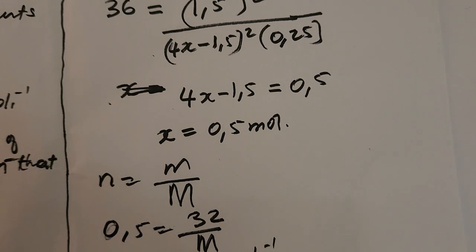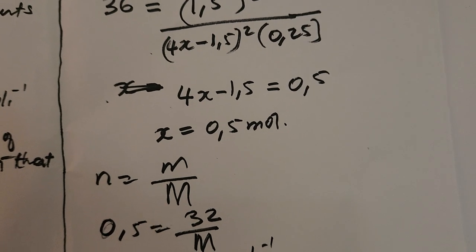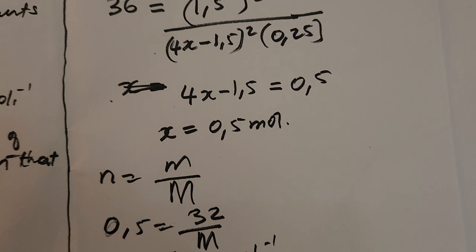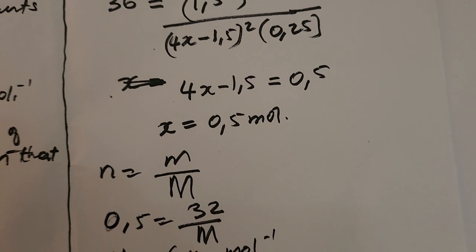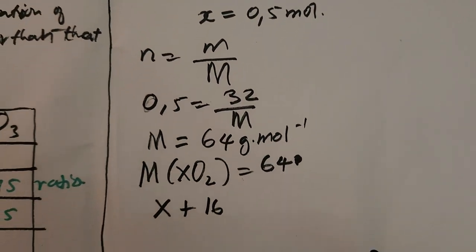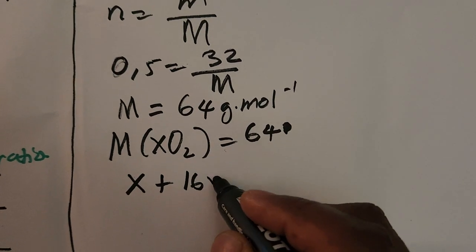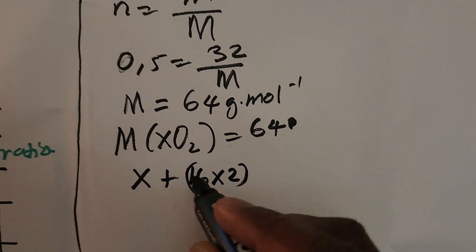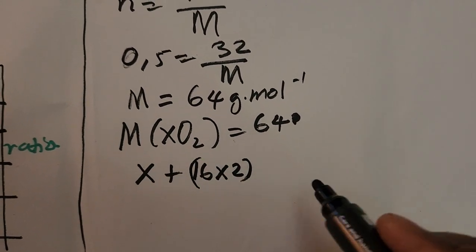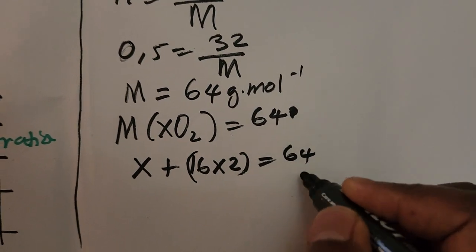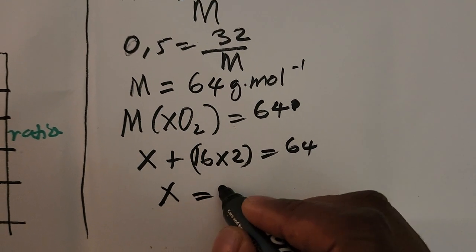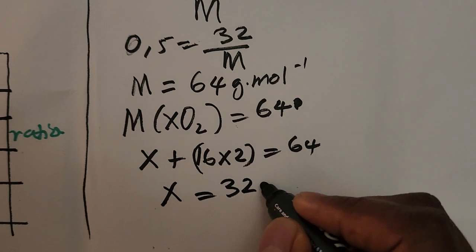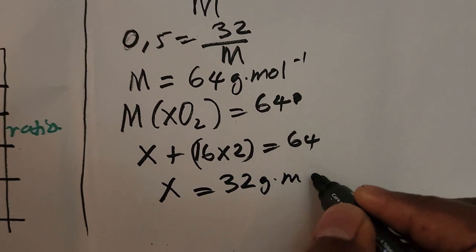64. And I know that the molar mass will be x plus 16 times 2, which is oxygen. 16 times 2 equals 32, and 64 minus 32 means the value of x will be 32 grams per mole.